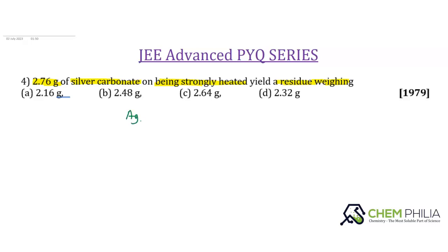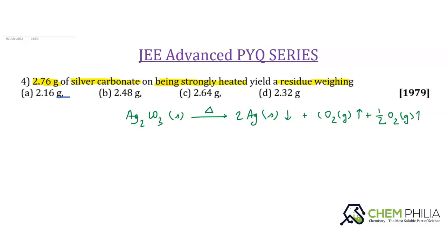That means we have to write the reaction first. Now silver carbonate, it's a solid which upon heating produces silver, which is another solid. So it is a residue in this case. CO2, which is a gas, escapes, and half O2, that is oxygen, another gas, it also escapes.